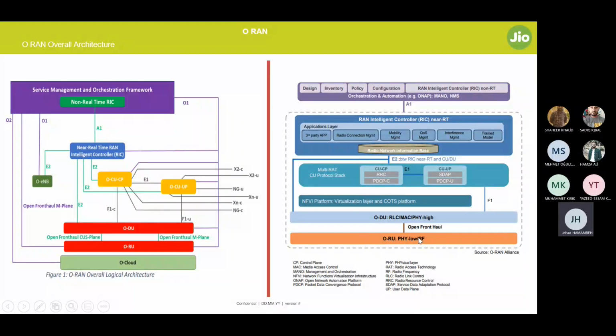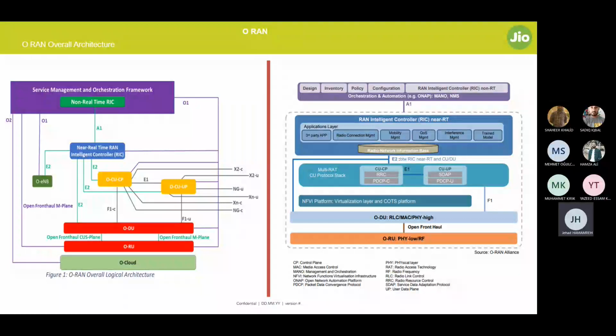If you look on the right-hand side figure, at the bottom, you have a rectangular box colored in orange. You have the Open Radio Unit, which represents the physical low layer, mainly RF.